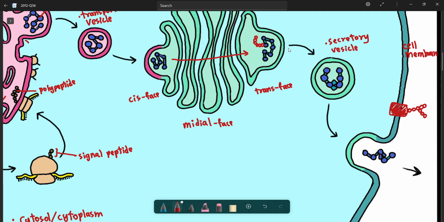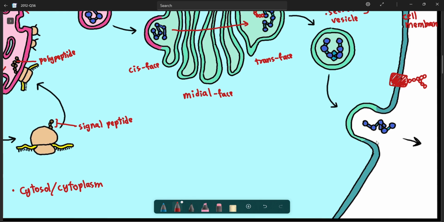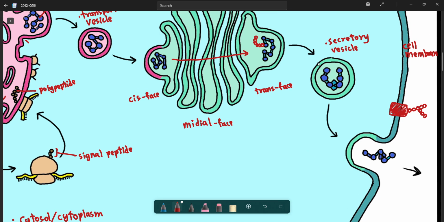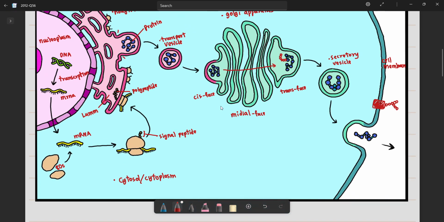It is packaged in the secretory vesicle, which then fuses with the plasma membrane of the cell, and the protein is either secreted out or it's just attached to part of the cell membrane, and it embeds itself there like an integral protein. So this is the entire process of the endomembrane system.